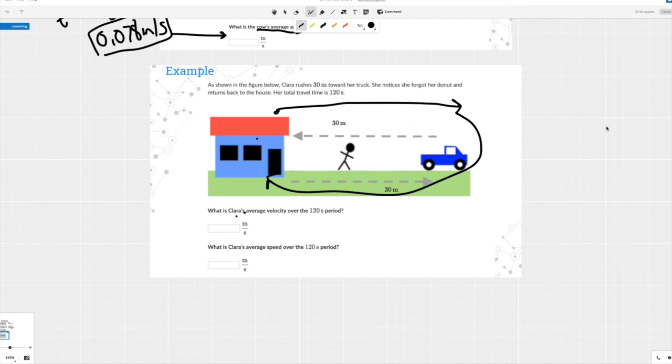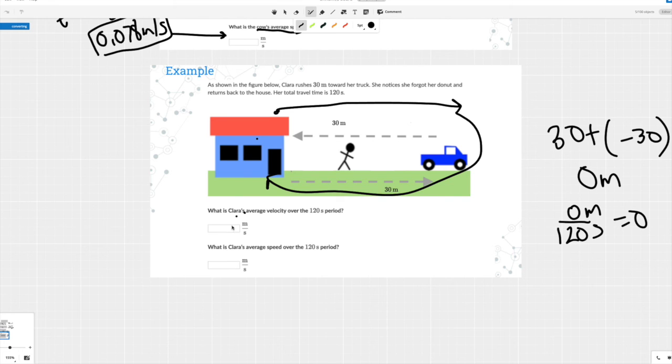So she first went positive 30 meters plus negative 30 meters because she went in the left direction after that. So that is 0 meters. She didn't change her position because she went from her house to truck to her house. So 0 over anything is going to be 0, but we know the time is 120 seconds. So 0 meters over seconds is equal to 0. And the answer for this is going to be 0 meters per second.